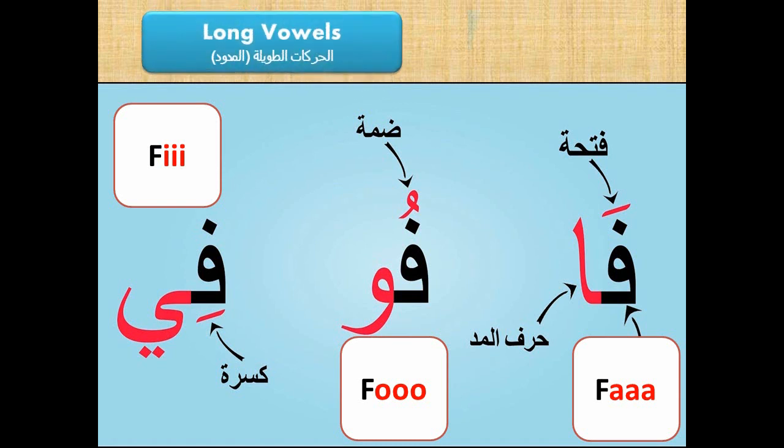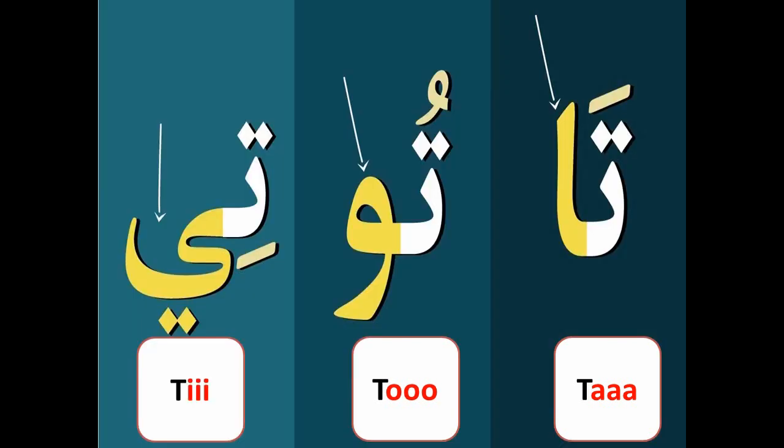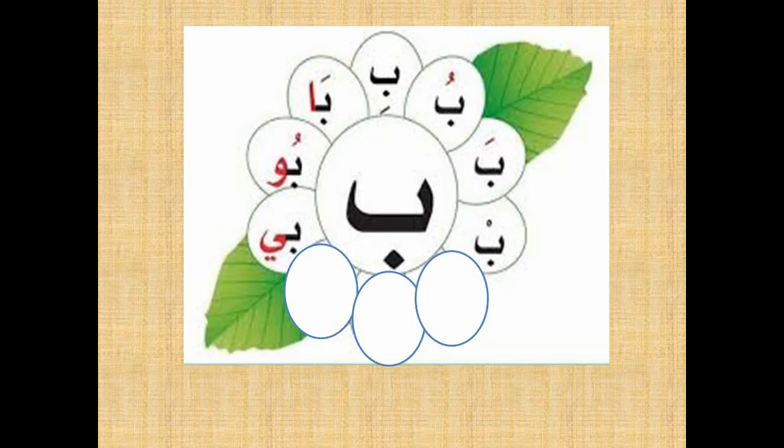That's it. The following example, we have Ta. Yes, this is the letter Ta, but with the long vowel, the first one, Taa. Number 2, Too. Number 3, Tee. In general, this is a conclusion. As you can see, for example, this is the letter Ba. For each letter, we can add the short vowels or the long ones.